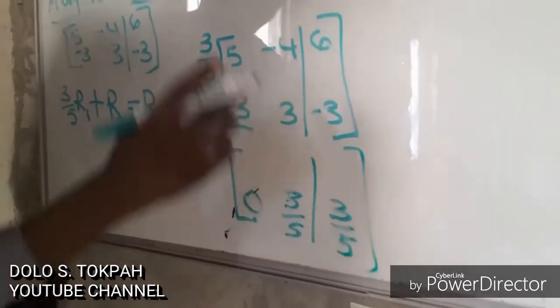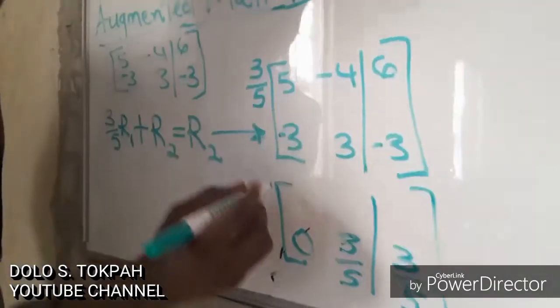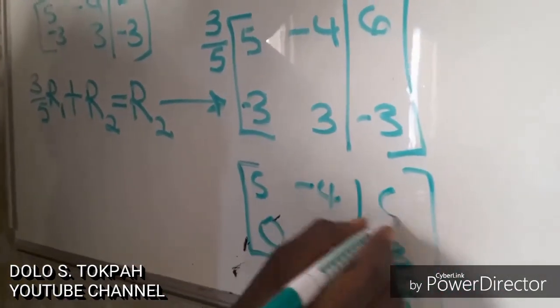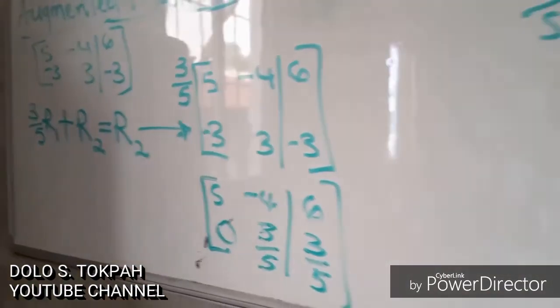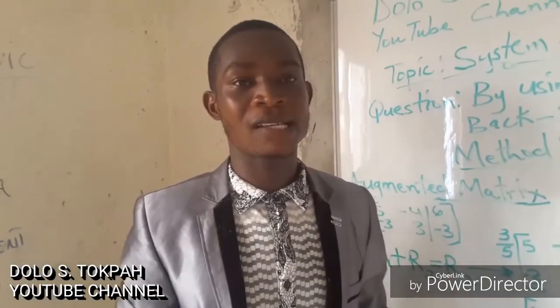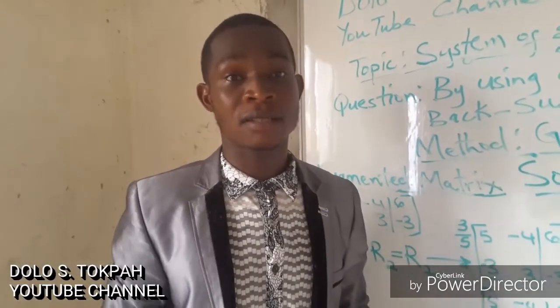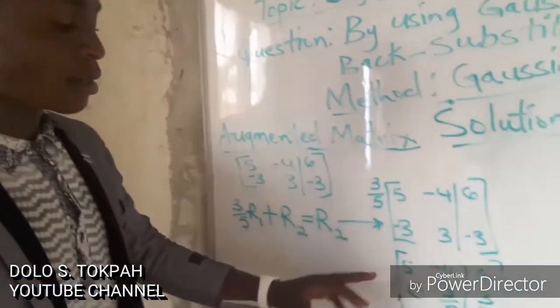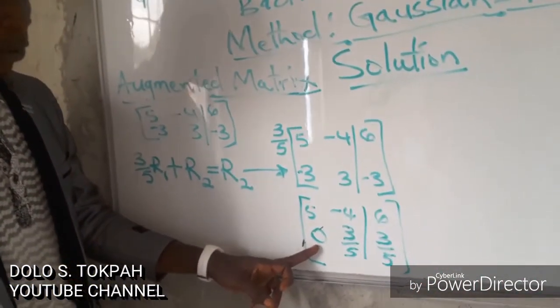We close it, and you just bring down the first row of 5, -4, and positive 6. We have already done this, so to go to our next step, we look at this. We have already gotten our 0 here.